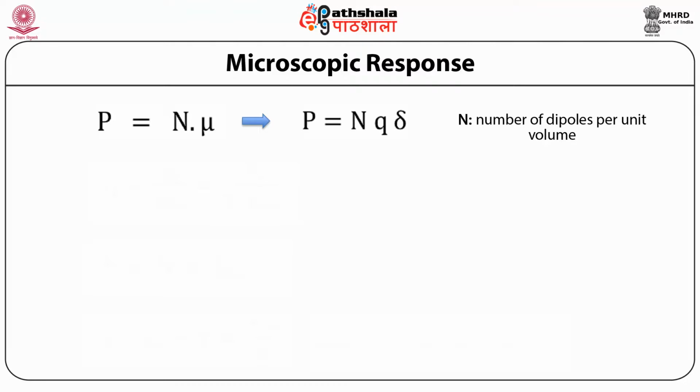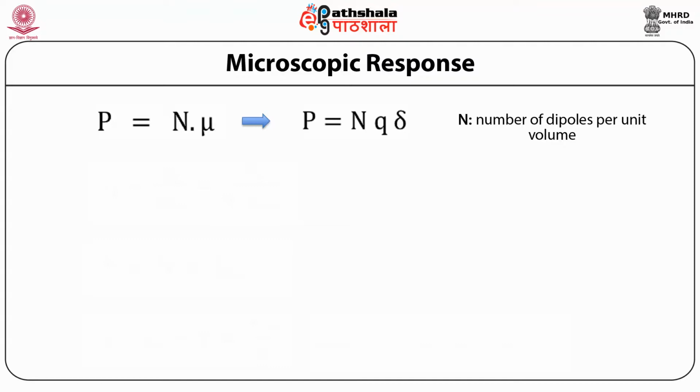This gives the susceptibility Xi, which is equal to epsilon r minus 1, which is equal to P upon epsilon naught E, which in turn is equal to NQ delta divided by epsilon naught E. Hence, the greater the value of delta, the greater the Xi, and hence the larger the epsilon. That is, the more polarizable a medium is, the higher its dielectric constant.